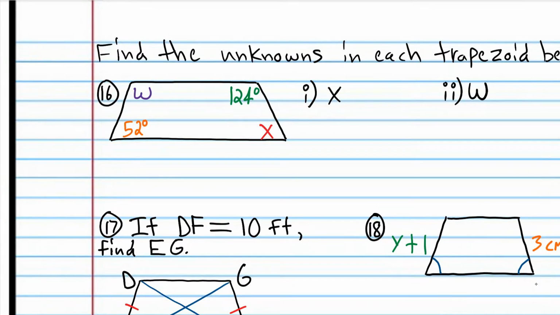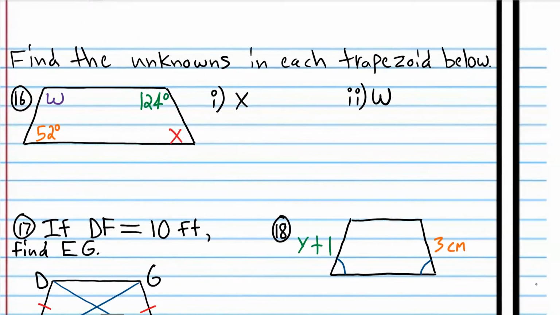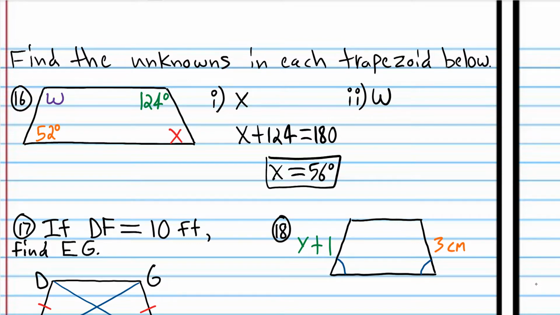So those are supplementary. To find x, we just add x and 124, and we should get 180, which means if we subtract 124 from both sides, we get 56 degrees for x. There you go. It's that easy.